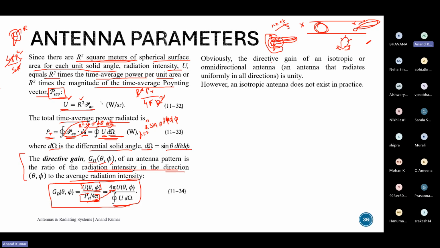Obviously, the directive gain of an isotropic or omnidirectional antenna, an antenna that radiates uniformly in all directions, is unity, which means 1 or 0 dB. At times you will be told that you need at least 7 dB gain, so unity is bad in those cases. However, an isotropic antenna does not exist in practice.